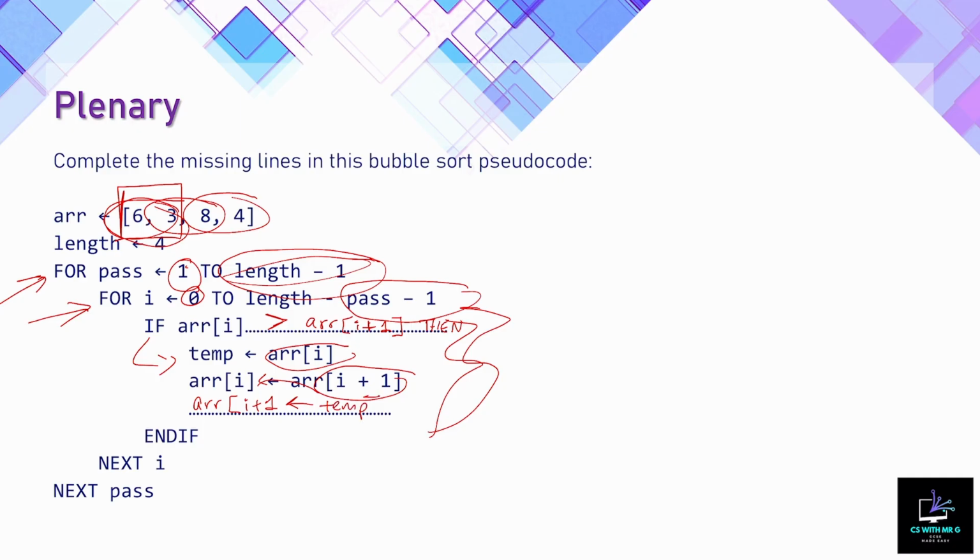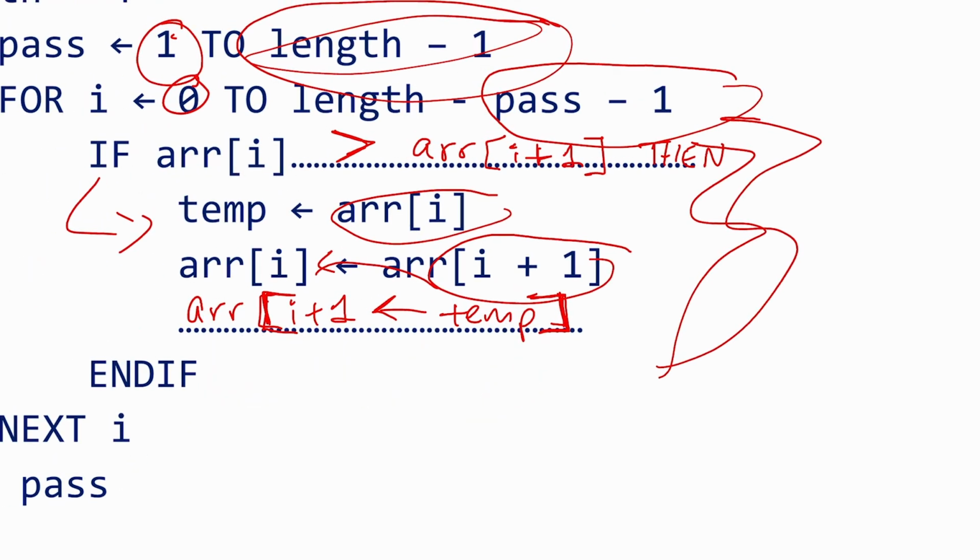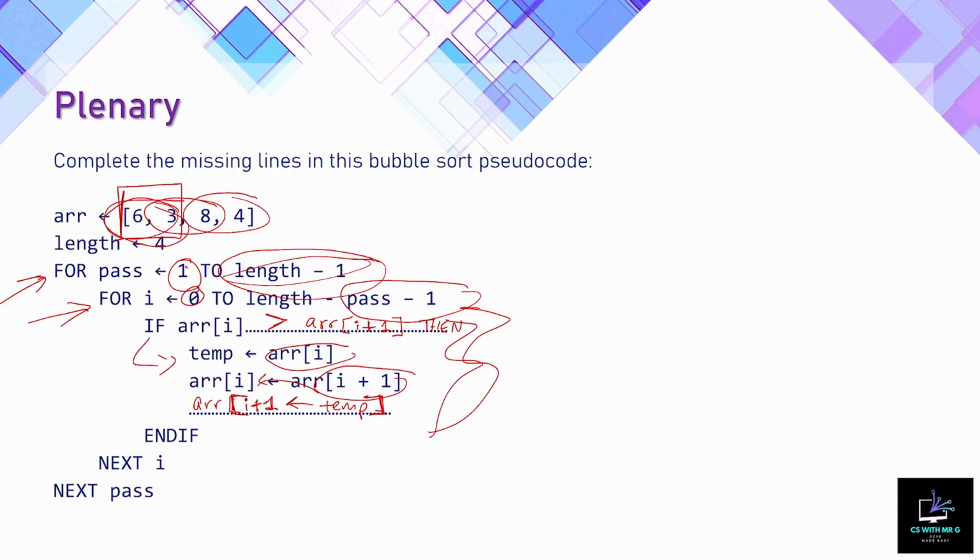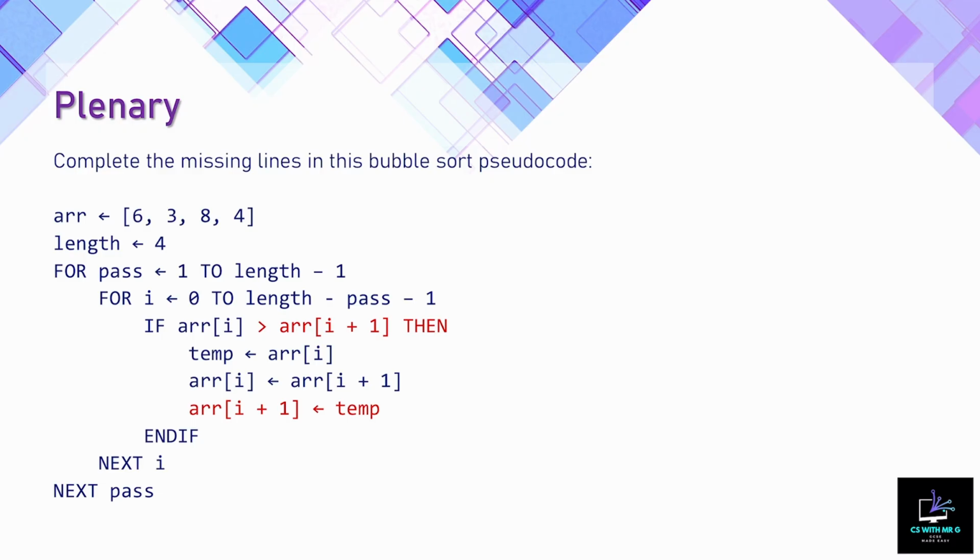Spelled the same. Okay, and that's in squared brackets because it's indicating the position of the array. Okay, so array I plus 1 becomes temp, which was the number that is being swapped around. And remember, this only swaps around if the number was bigger than the next one, meaning it's not in the correct order. So there's the solution finalized.